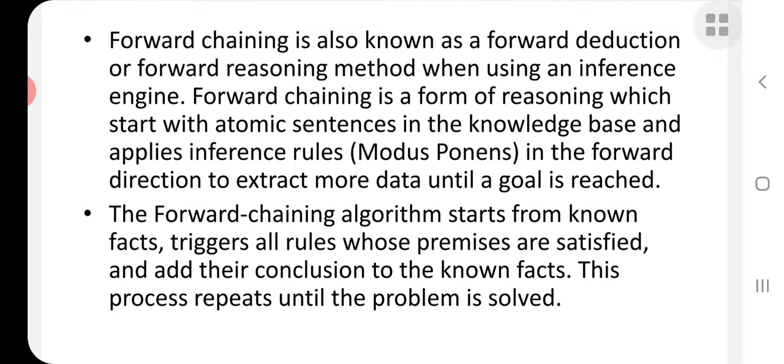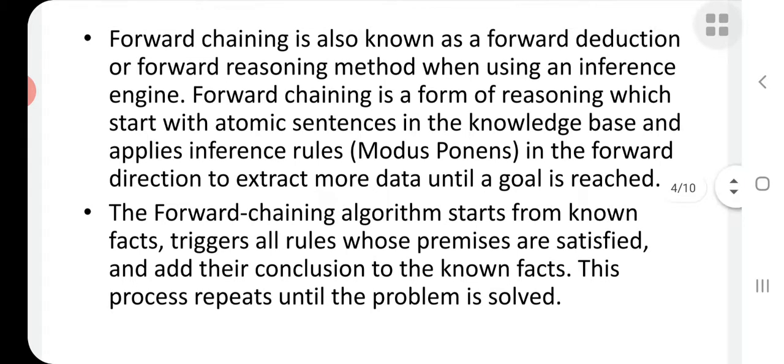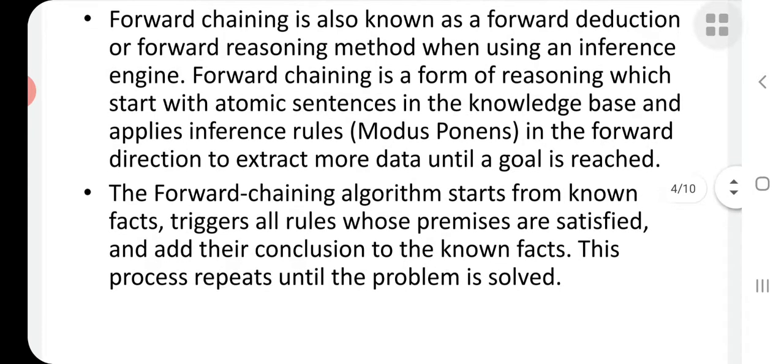So first, try to understand forward chaining and backward chaining. As the name suggests, forward means you are moving ahead. When you are using an inference engine, forward chaining is a form of reasoning which starts with atomic sentences.